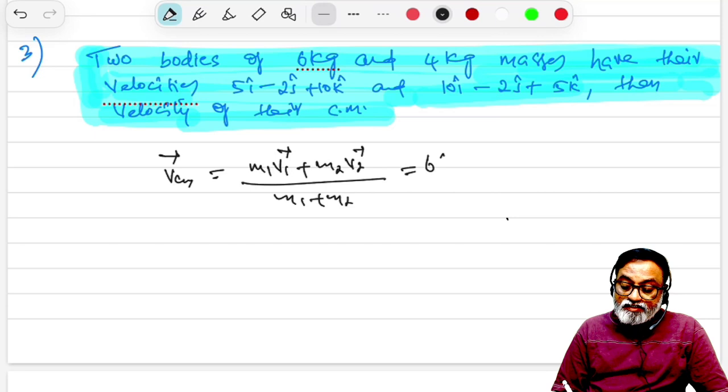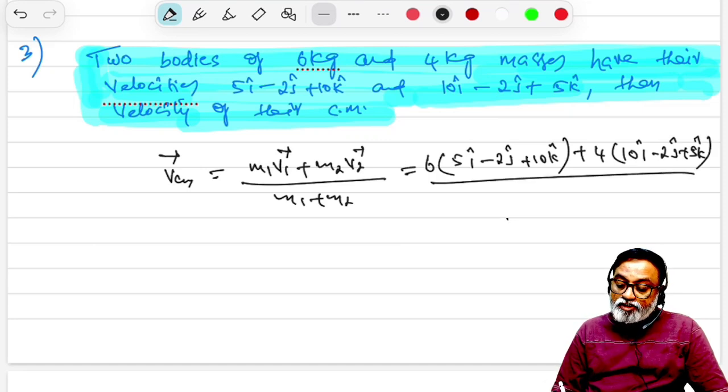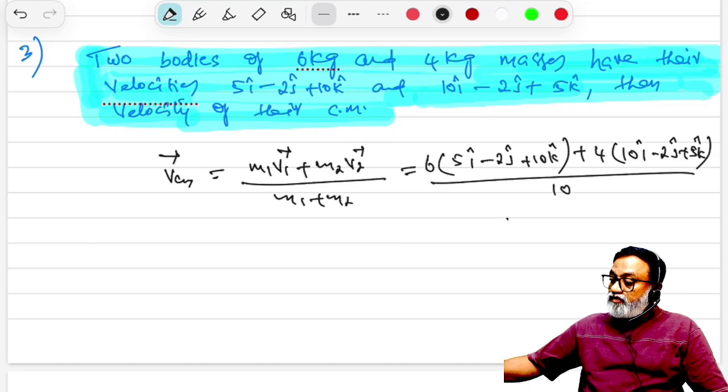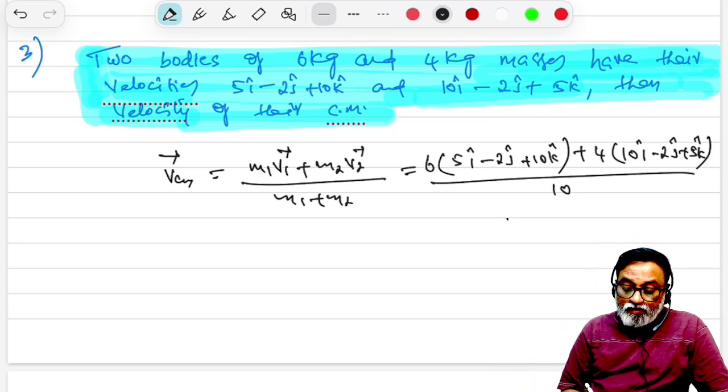M1 is given as 6, here v1 bar is 5 i cap minus 2 j cap plus 10 k cap, plus m2 is 4, velocity 10 i cap minus 2 j cap plus 5 k cap, by total mass 6 plus 4, 10. Therefore, after simplification we can get the final answer.